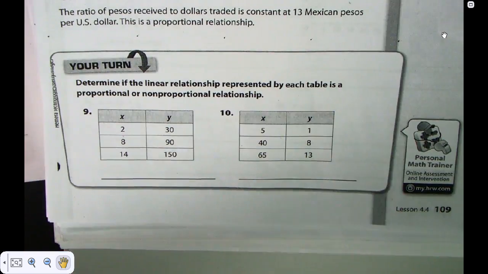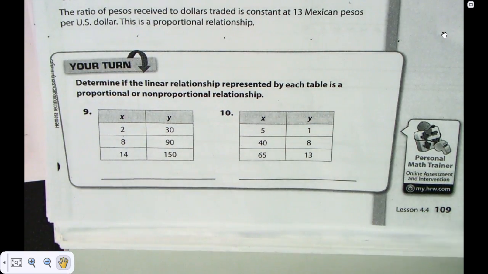Okay, look at 109. Get your calculator ready. Somebody's going to tell us how to get whether this is proportional or not.